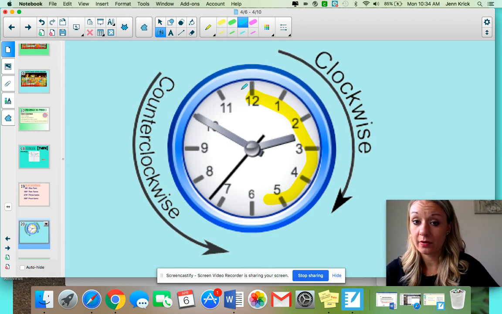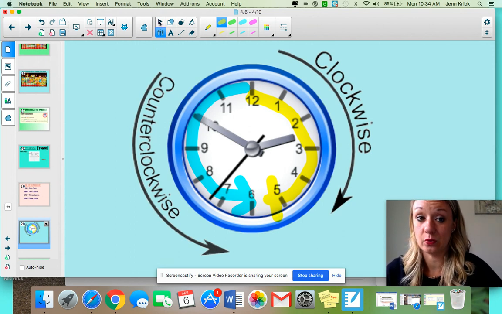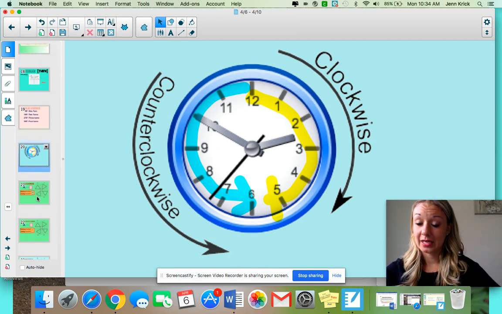So if we were going counterclockwise, we'd be going this way because it's the opposite. This, again, might be a good idea to take a picture of this screen because it'll help you with your assignment and it'll help you with the lesson today as well. So let's get into it. Let's give it a try. Take it slow. If you need to pause and think or rewind, please do that.